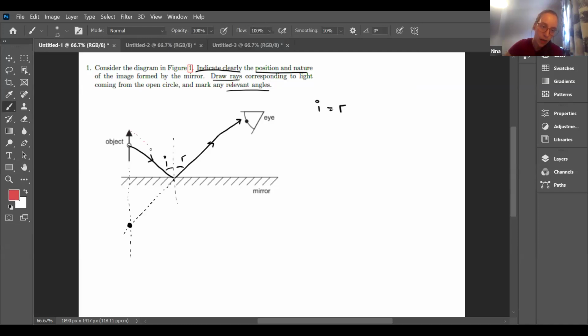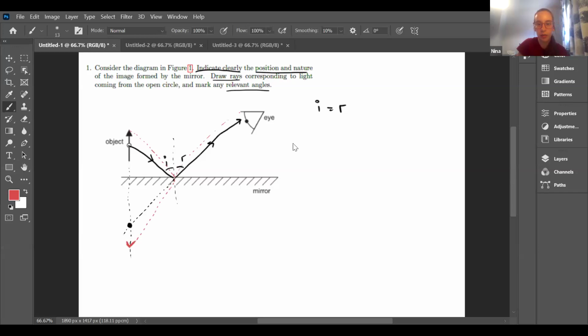Draw a ray coming from the top. Again, it gets reflected at the same angle, so a bit sharper than the previous one, goes into the eye. And then you can extend it into the mirror to form the top of the arrow.